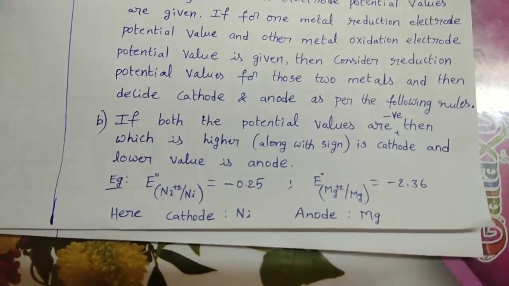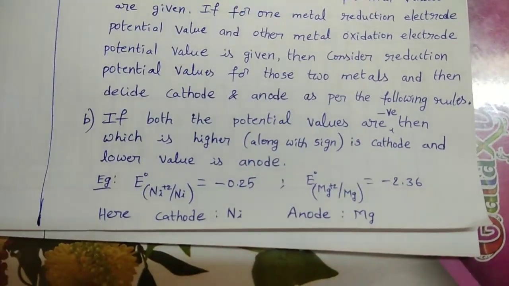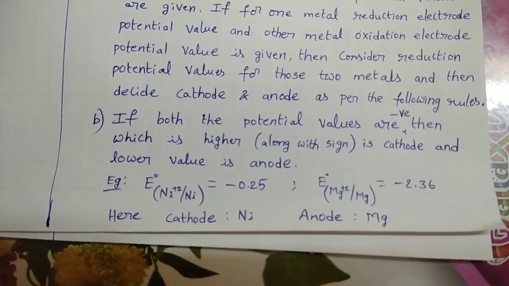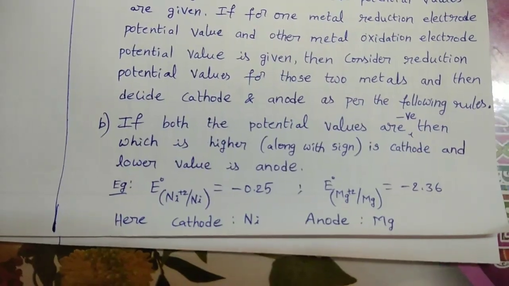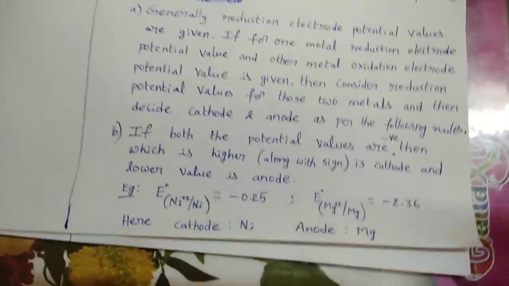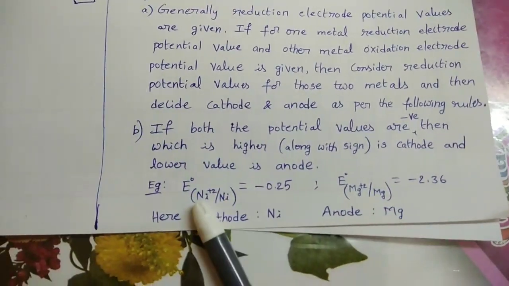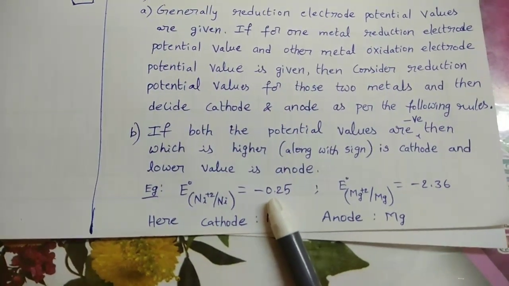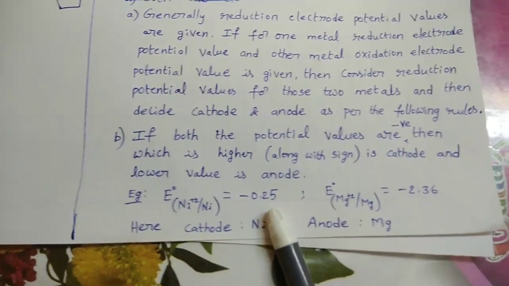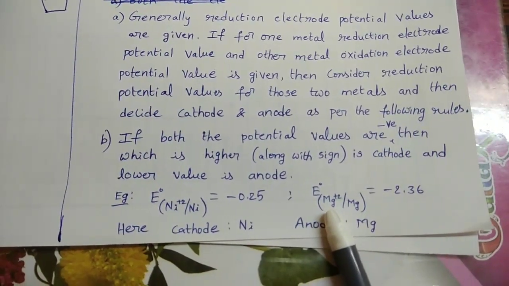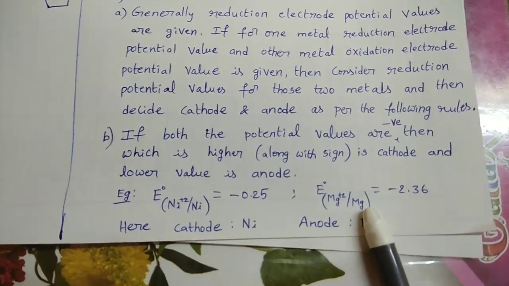See the example. Electrode potential value of Ni2+/Ni. That means nickel ion is reduced to nickel. Reduction potential value minus 0.25 volts. And magnesium ion is reduced from +2 to magnesium.